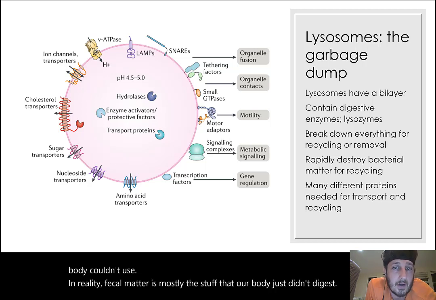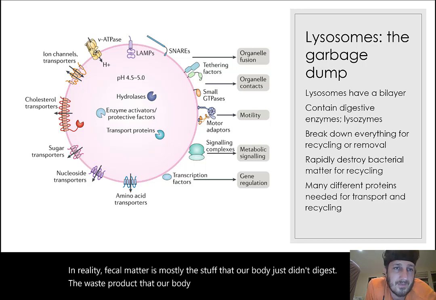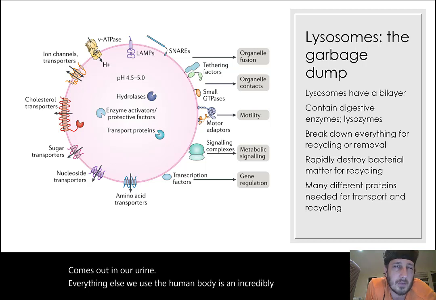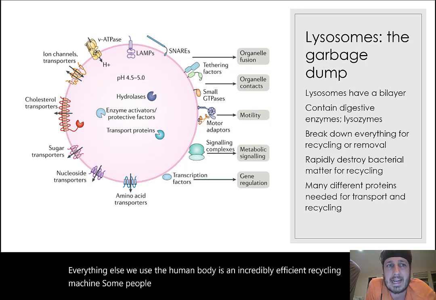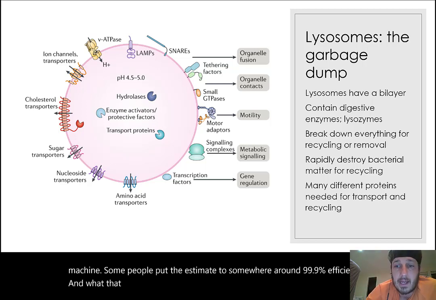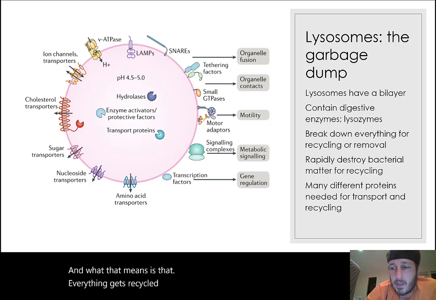The waste product that our body couldn't use comes out in our urine. Everything else we use. The human body is an incredibly efficient recycling machine. Some people put the estimate to somewhere around 99.9% efficiency. And what that means is that everything gets recycled and reused.